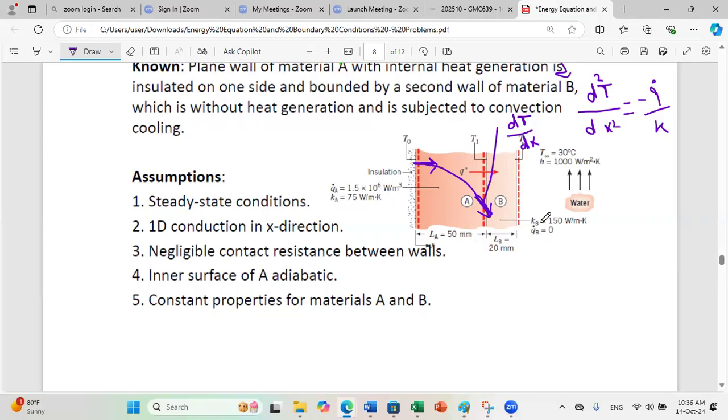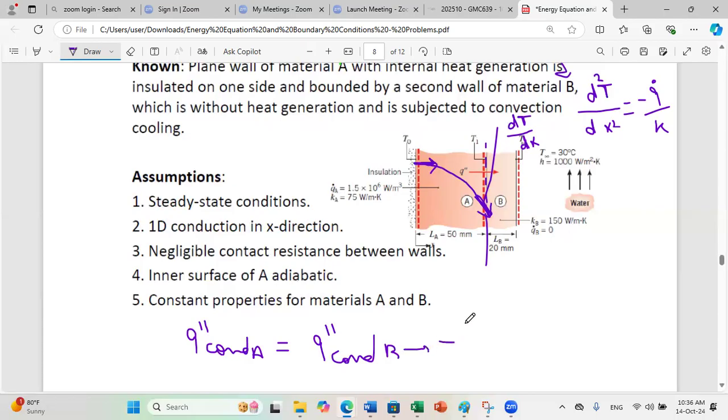Now what happens in material B? In material B, to be able to know if the slope is smaller or larger than this slope here, we need to write the continuity equation, the continuity of heat at the interface. What do we mean by this? At the interface, we have Q second, which is the conduction flux in material A, is equal to Q second in material B. And we know the expression of Q conduction.